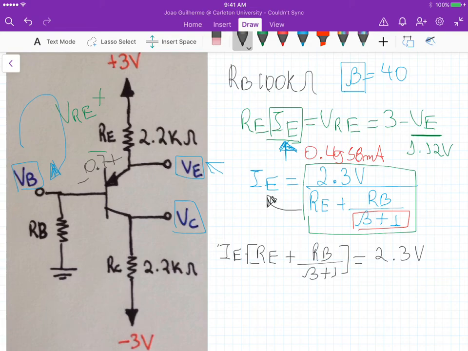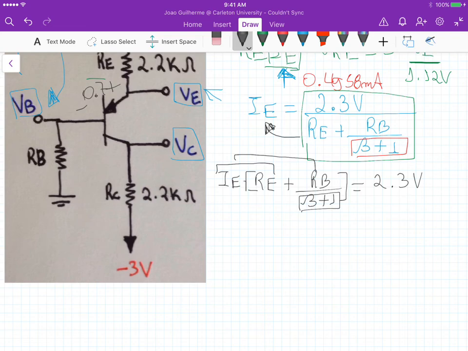Now, this quantity here, we know IE times RE. We also know IE times RB, and we want to define a new beta plus 1. So we can rearrange this equation by taking RB times IE divided by beta plus 1 equal to 2.3 volts.